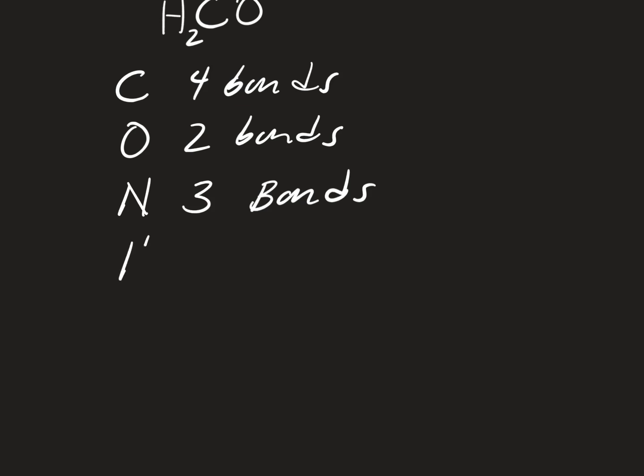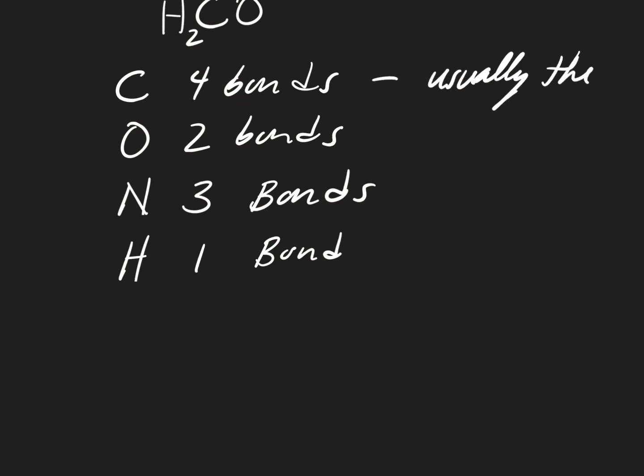Hydrogen can only have 1 bond, of course. We already mentioned that. So these are some general rules that you might want to keep in mind. Here's another rule that I think is going to come in handy. Carbon, and I'm just going to write a note here, is usually the center atom.